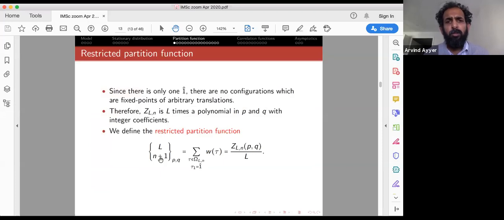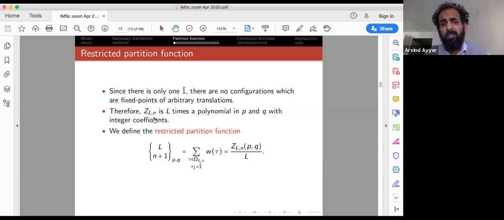Okay, so now let me state some properties of the partition function. Well, there's only one tracer, so under translation there is no fixed point. You can translate arbitrarily many times and there's going to be no fixed point.